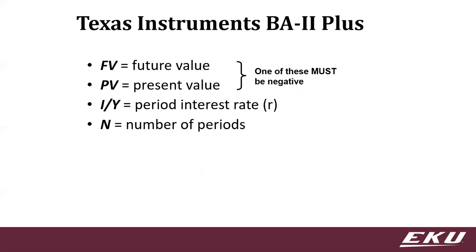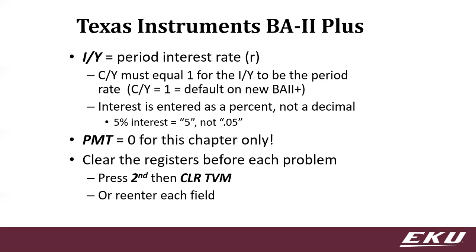When you have periodic payments, those signs become much more important because we could have years where sometimes we make money, sometimes we lose money. And this allows us to show that the cash flow could be coming in or going out. The IY button that you'll see is the R. The reason they say IY really just goes back to sort of a historical thing.